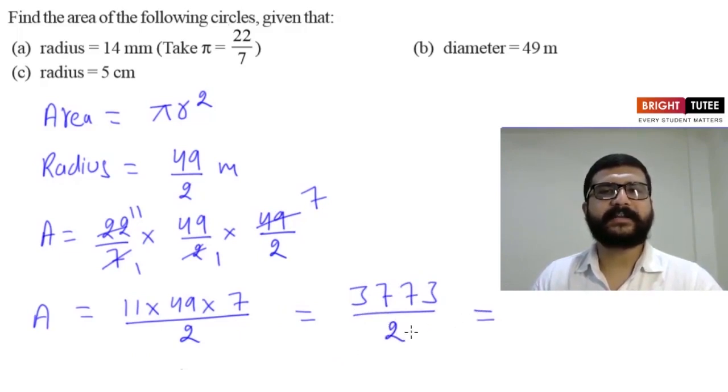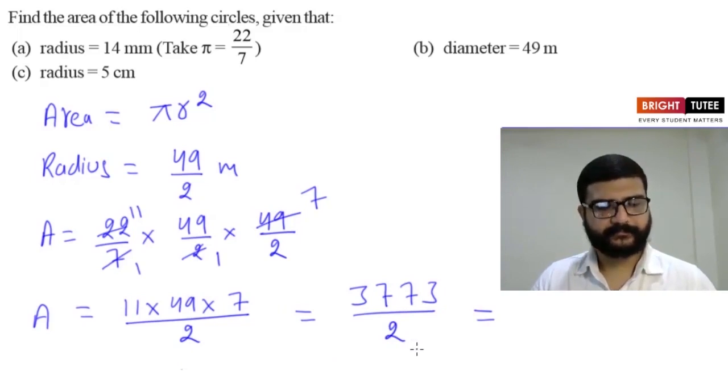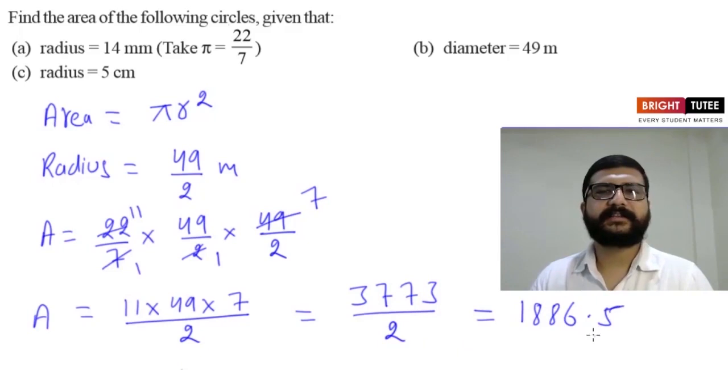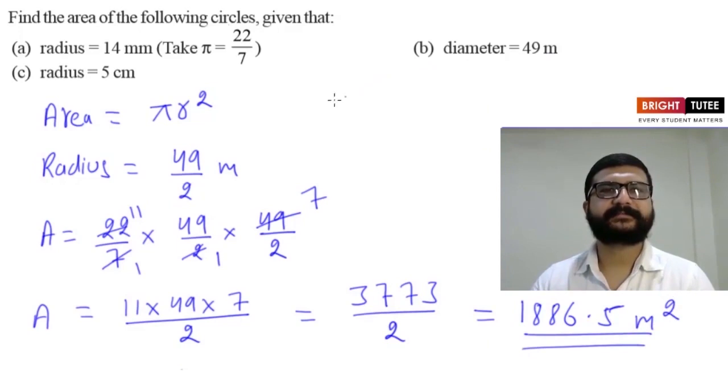Now, by dividing it with 2, we will get 1886.5. This is the area. As the diameter was 49 meters, so area will be 1886.5 square meters. So, this is area of the second circle.